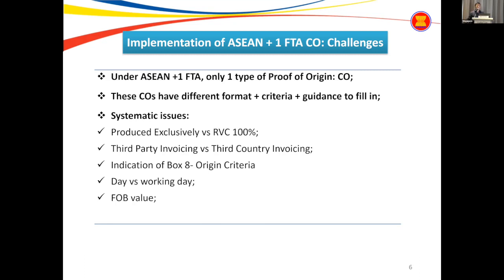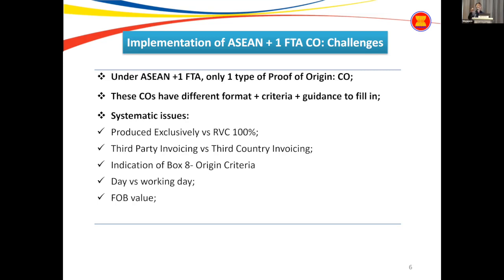Other FTAs say you should indicate RVC 40 because the general rule is RVC 40. But other FTAs say you should indicate RVC 45% because it's the actual rate of the good. And when we check, we see it's already above 40%, so it confuses the exporter how to fill it. Because of this reason, some CO forms were rejected as well, because they don't really read.